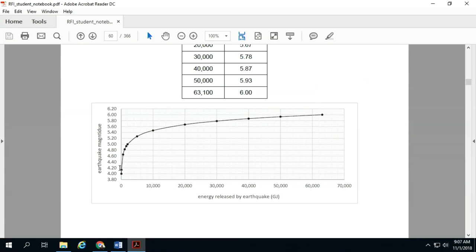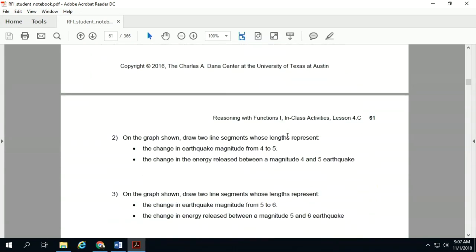So here's a magnitude 4, here's a magnitude 5, here's a magnitude 6. On the graph, draw two line segments whose length represents the change from 4 to 5. Okay, so I'm going to have to sketch the graph here.